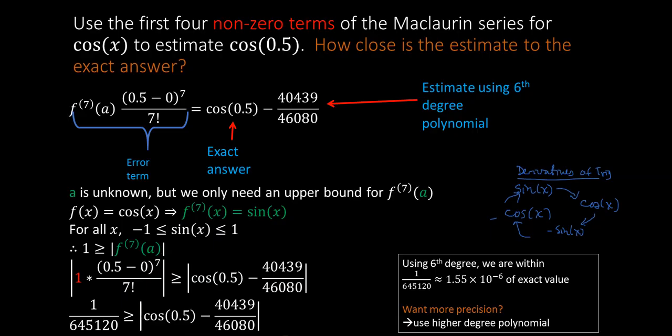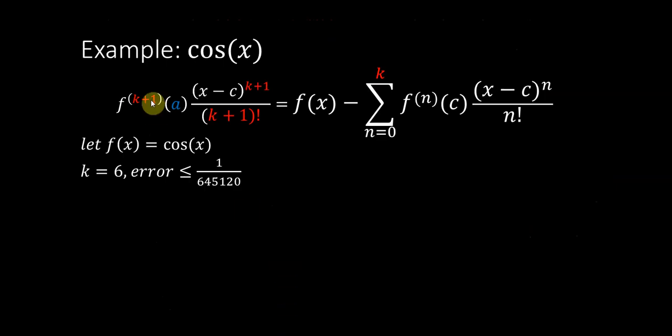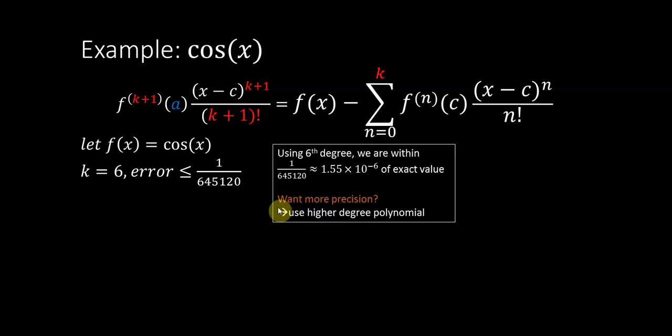The difference between the exact answer and the approximation is at most this small number. Using a 6th degree polynomial, we came within 1.55 times 10 to the negative 6, and if we want more precision, we use a higher degree polynomial.